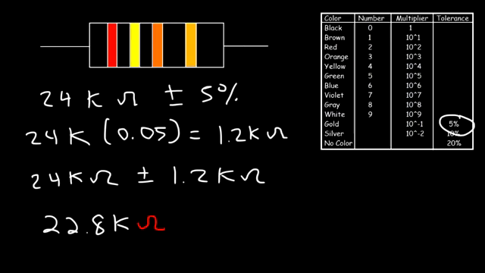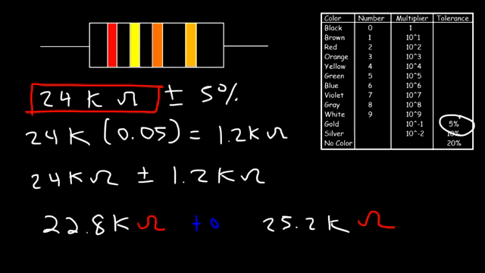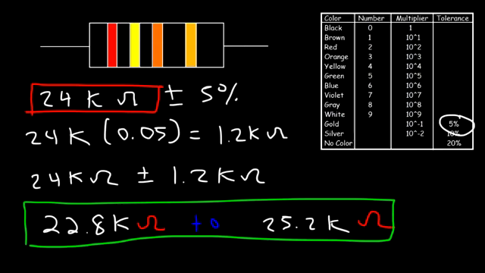Or it can be 24 plus 1.2, which will be 25.2 kilo ohms. So based on this information, the resistance is about 24 kilo ohms, but the actual value can be anywhere between 22.8 and 25.2.